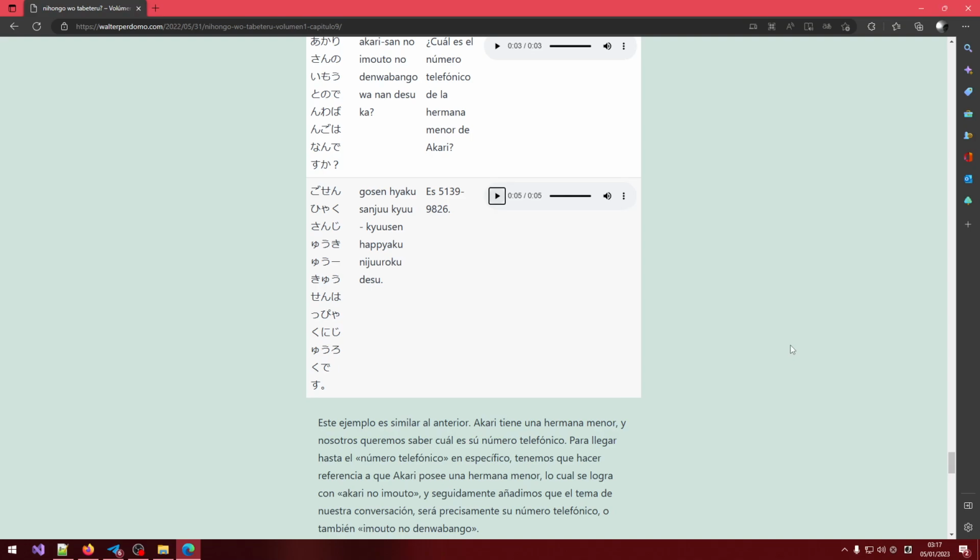I challenge you to remember what this is without seeing the answer. It's been a long time since we studied Japanese numbers. But okay, that is it. I think this is all. Let me see.